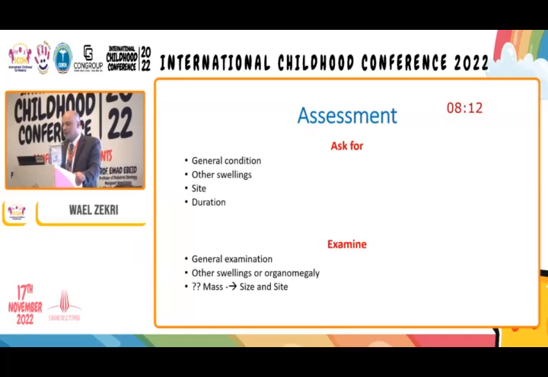And I should examine the patient not only in the abdomen, of course, but generally, looking for other swellings or organomegalies. If I find a mass, I should dig more to find the site of this mass and the size of the mass.